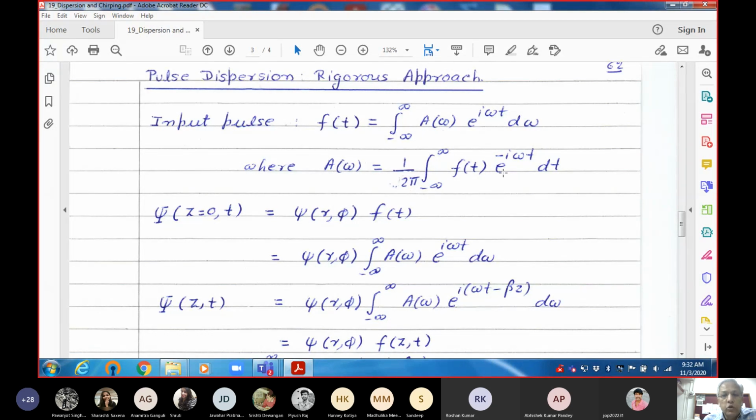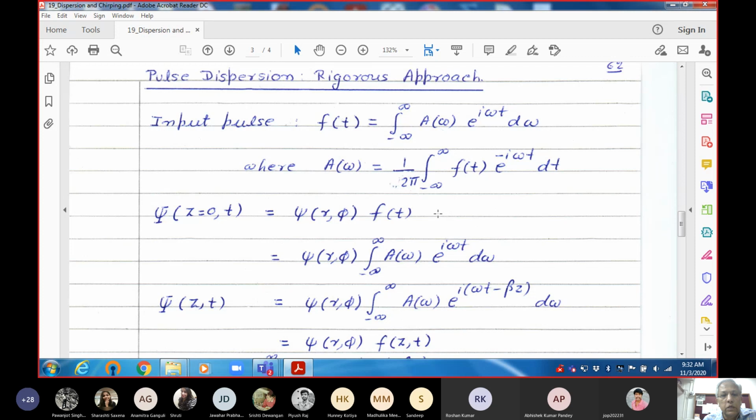So now if I have a single mode fiber, at z is equal to 0, I am launching power in, say, a single mode fiber. You can have a multi-mode fiber, where there would be more than one mode, but let me confine myself right now to one mode only. So the field of my input pulse can be described like this: psi of r, phi, times f of t, and of course I should have exponential i omega 0 t here, because omega 0 is the carrier frequency.